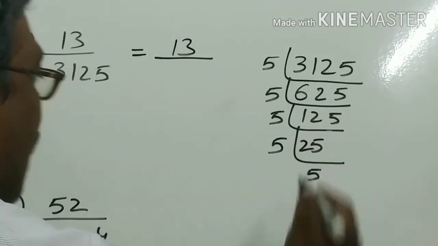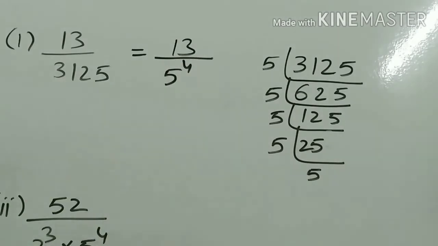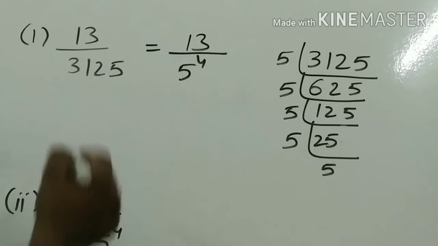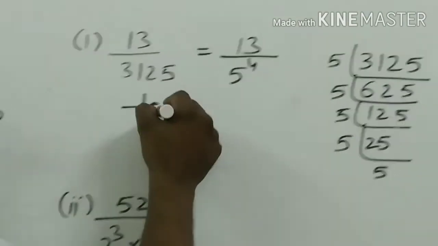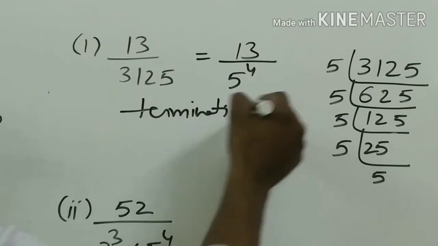25 and 5. So 3125 can be written as 5 to the power of 4. So the denominator is in terms of 5. Yes, it is a terminating decimal. If you have doubt, you can divide and check.